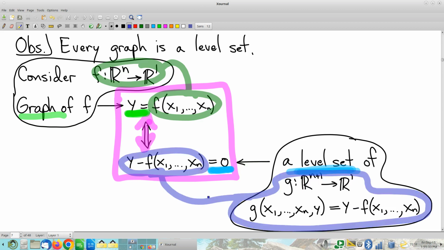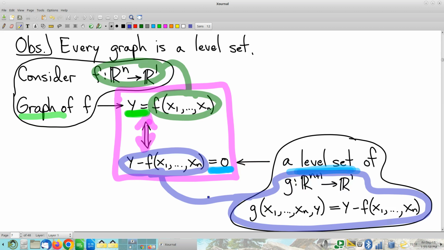So what I've got here then are two equations that are practically identical, certainly equivalent. One allows me to view whatever this surface is as being a graph. The other allows me to view the exact same surface this time as being a level set. And I'm going to point out that for any graph equation, you can always do this.